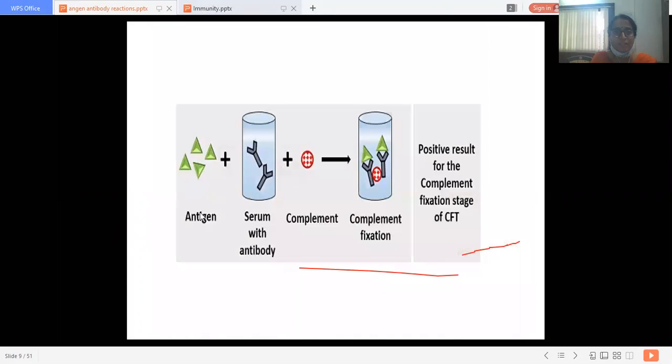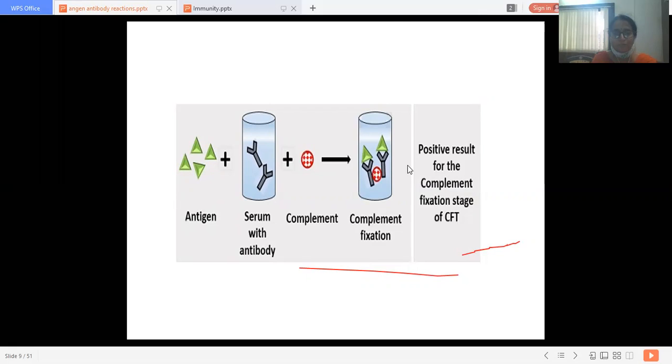See, this is the antigen, the serum with this antibody, and this is the complement. It is a heat labile protein. Okay, it fixes on one side and complement on the other side. See, here the antigen antibody complex reaction forms, and there is complement fixation.